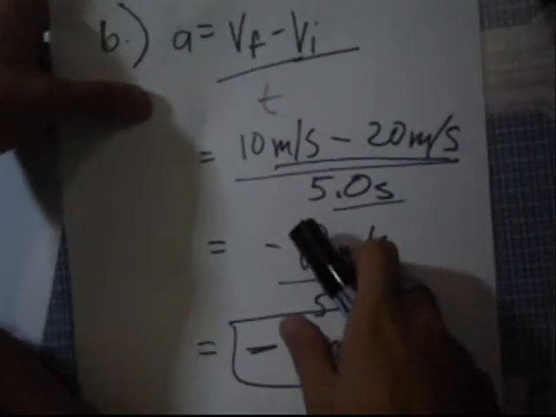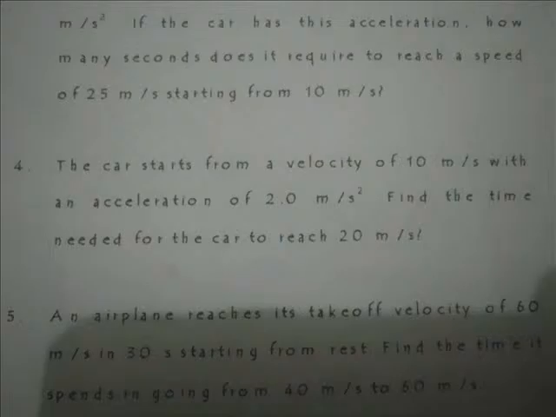So let's move on to our next problem. The car starts from a velocity of 10 meters per second with an acceleration of 2.0 meters per square second. Find the time needed for the car to reach 20 meters per second.